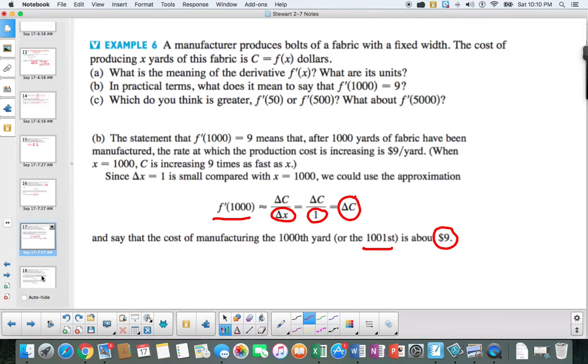Now, which do you think is greater? f prime of 50, f prime of 500, f prime of 5,000. Now, 50 means after 50 yards of manufacturing. This means 500 yards of manufacturing, 5,000 yards of manufacturing. So let's take a look at what we think is greater.